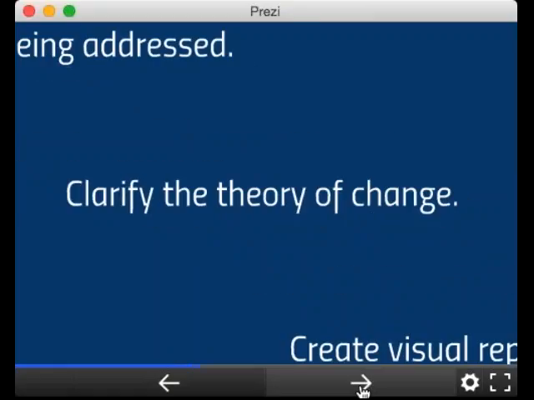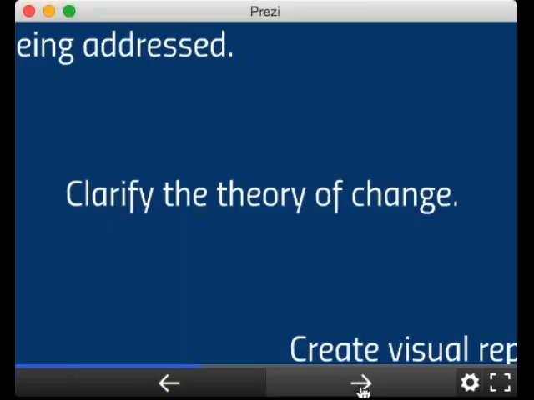The second is to clarify what I refer to as the theory of change. Some of this language I've adapted on my own, taking multiple ideas from the CDC and trying to focus them into single ideas. The theory of change talks about how the program itself is going to address the needs that you have.